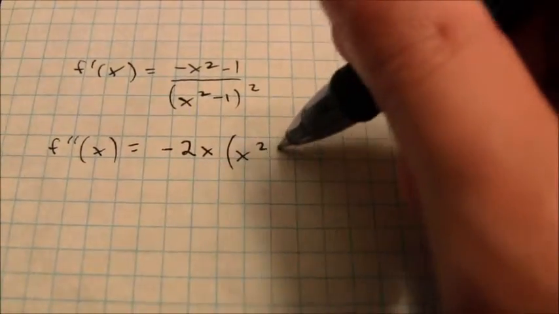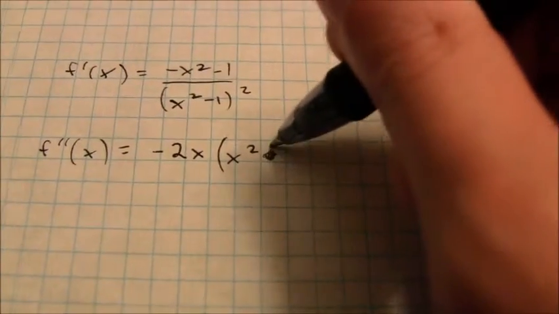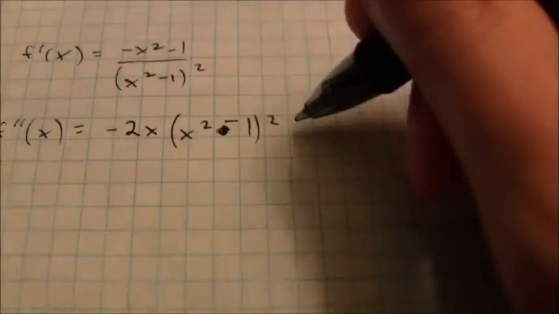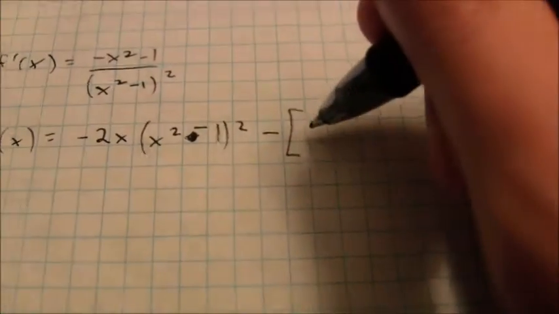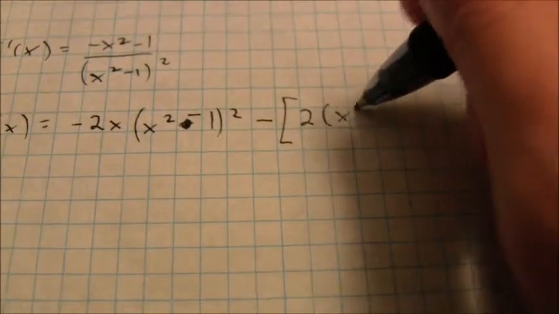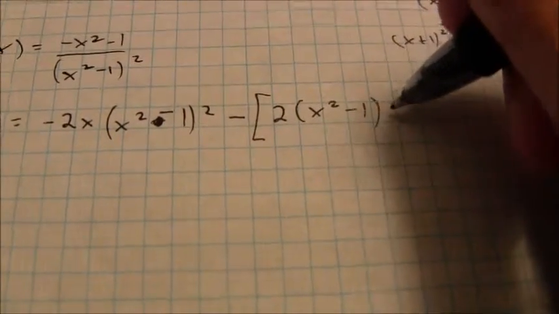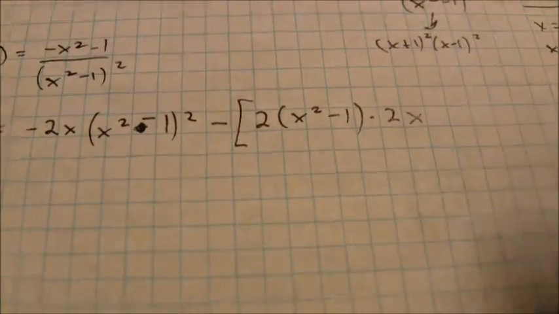Derivative of the top is negative 2x times the bottom, which is x squared minus 1 quantity squared, minus the derivative of the bottom, and that's going to be 2 times the quantity x squared minus 1, lower the power by 1, times the derivative of the inside function, which is 2x.